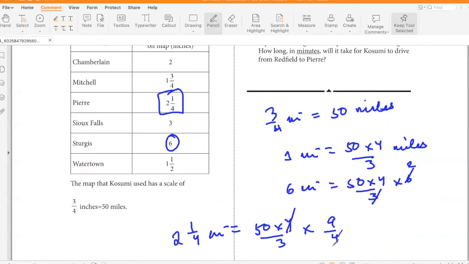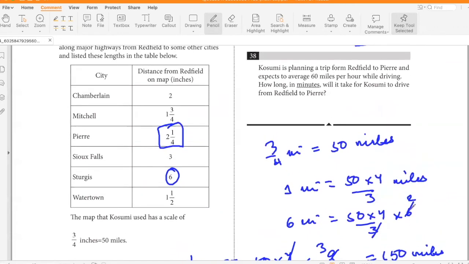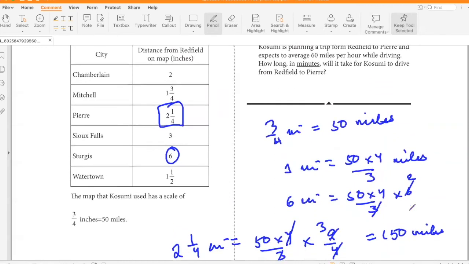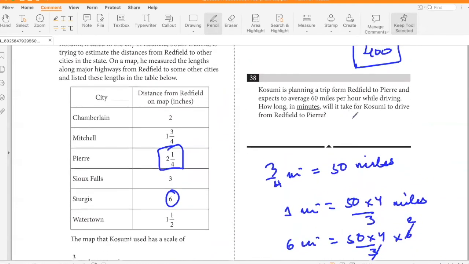So the 4 and 4 cancels, 3 into 3. So the distance is 150 miles, right? Now 60 miles per hour, so basically 1 mile per minute. So 150 miles in 150 minutes. So 150.